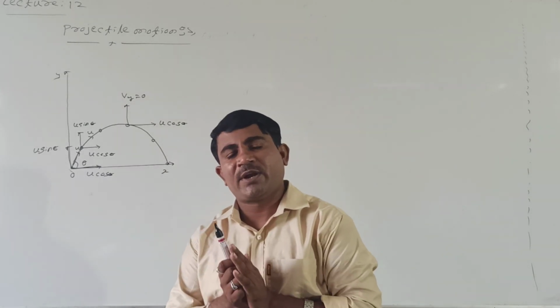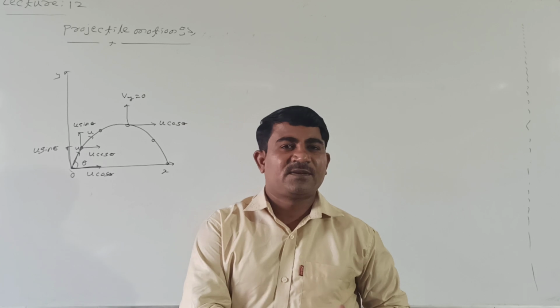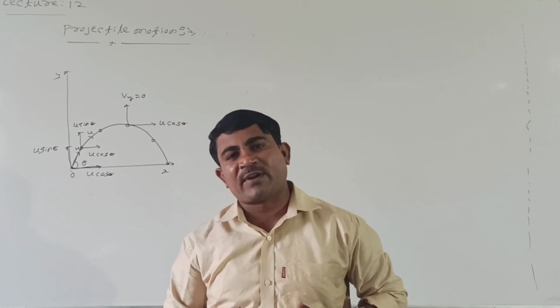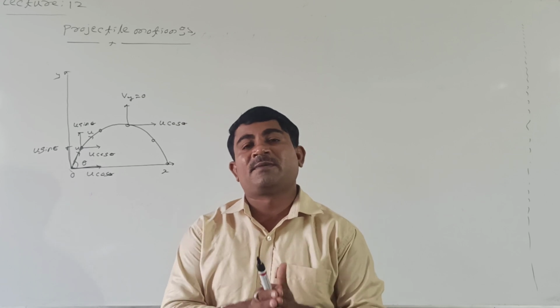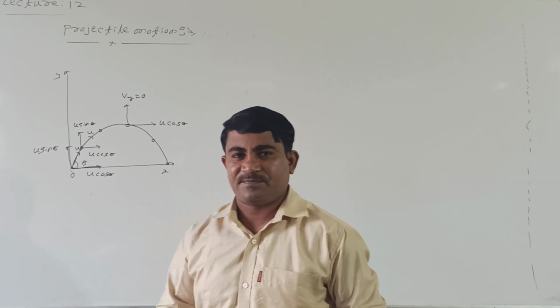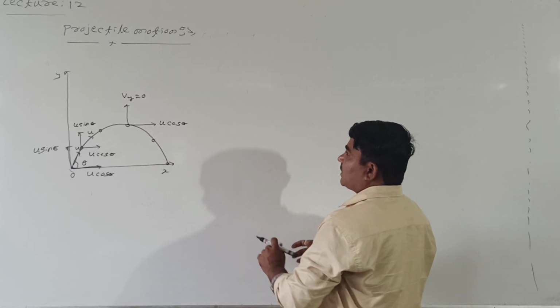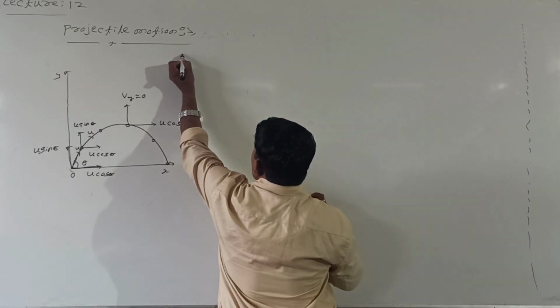Students, mainly we are defining 3 physical quantities. One is time of flight, second is the maximum height, and third is the range, or horizontal range. See here, what are the 3 physical quantities? One we are calling time of flight.